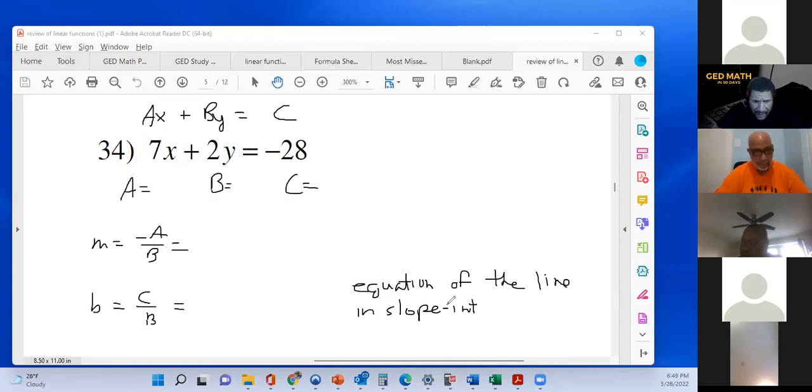Farid, let's see. Yes, A is correct. B is correct. C is correct. Your slope is correct. And now for your slope, remember, the variable used for slope is a lowercase m. It doesn't matter what variable you use, but that's what's commonly used.